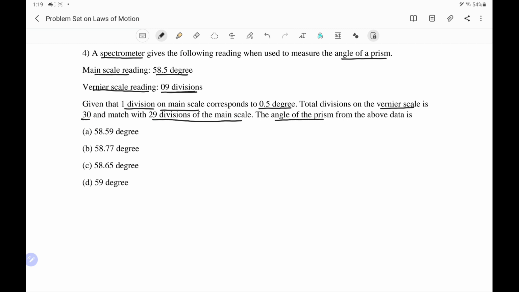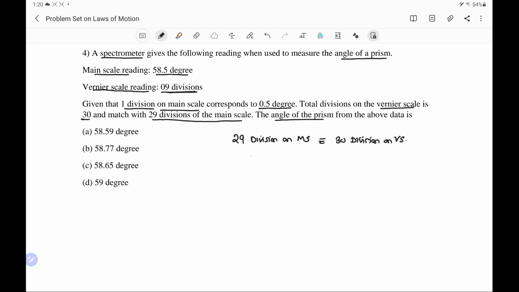As per question, the divisions on the vernier scale is 30 and these 30 divisions match with 29 divisions on main scale. So we can write 29 divisions on main scale, MS refers to main scale, match with the 30 divisions on vernier scale.